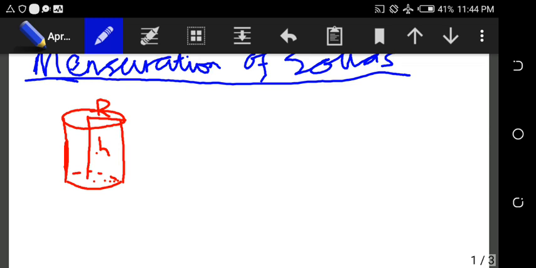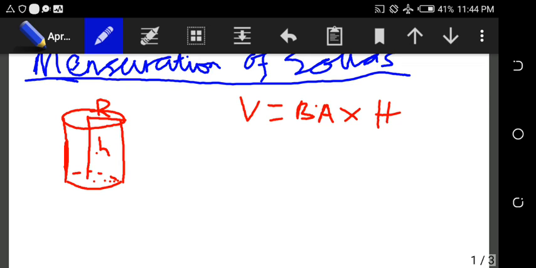Now for your cylinder, the volume is given by the base area times the height. Now what is the base area? The base of the cylinder is a circle, and we know that the area of a circle is pi r squared.